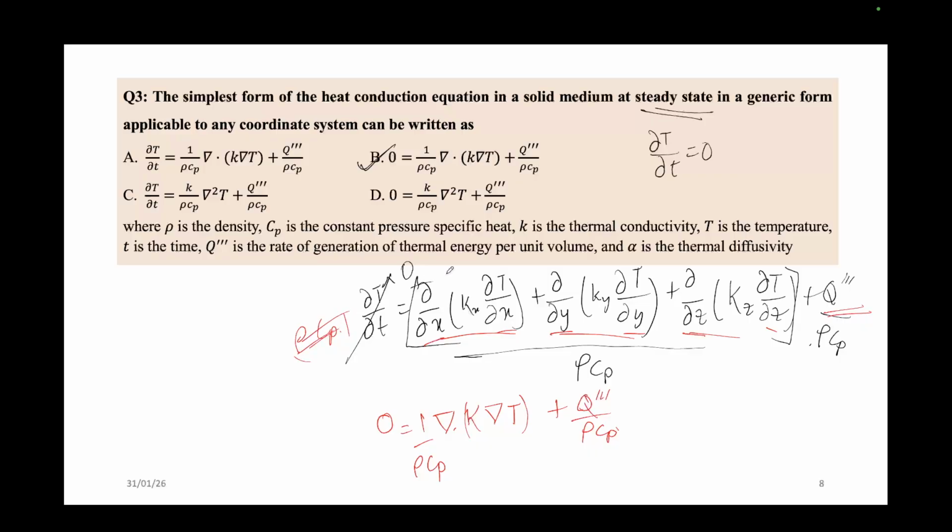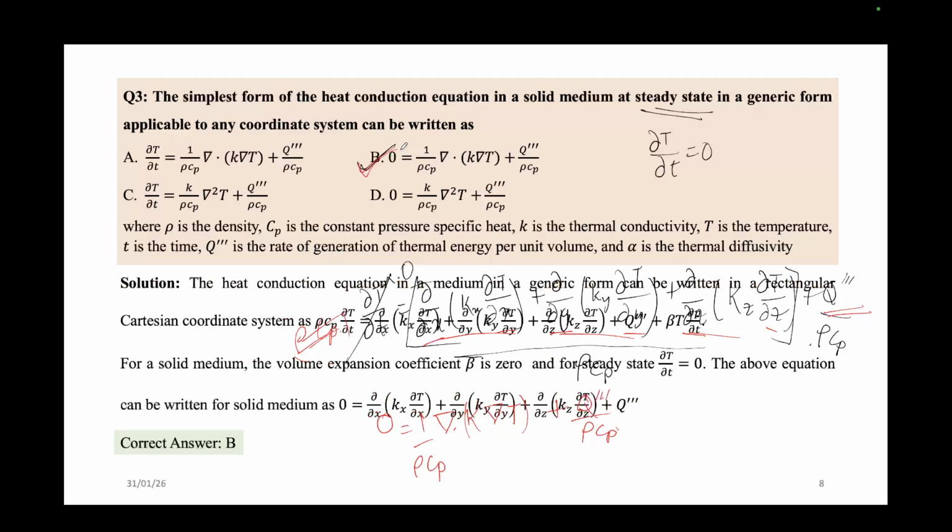So the heat generation here indicates the heat generation per unit volume. That means if the unit of heat generation is watt, here Q triple dash means watt per meter cube. So each and every term should be per meter cube. Okay. So the correct option is option B.